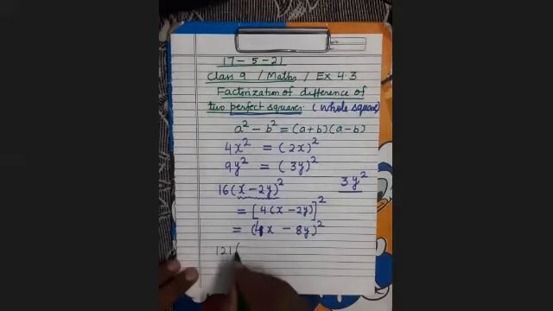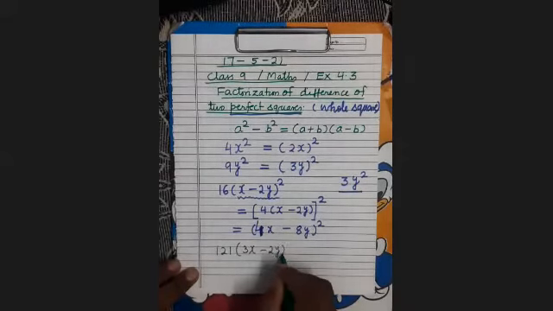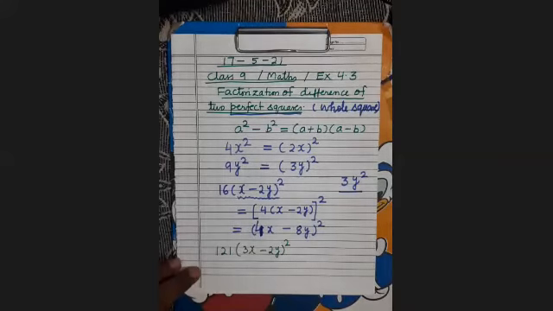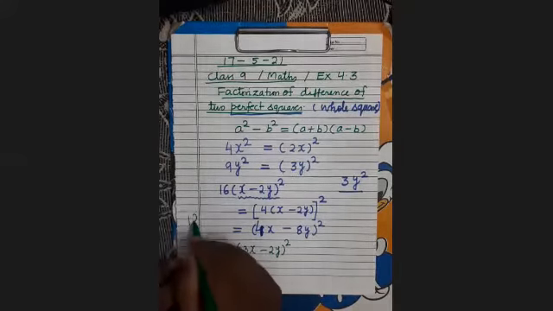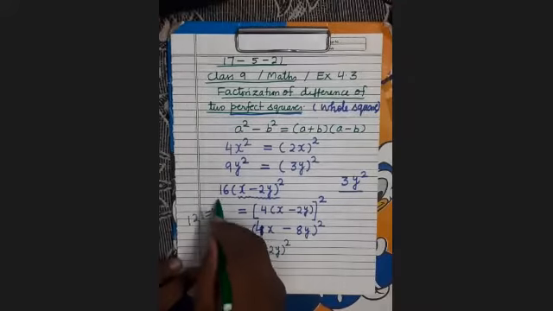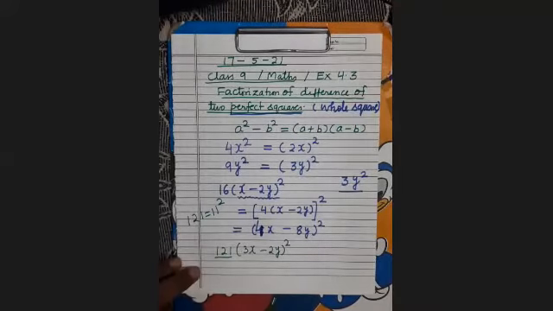Now suppose if it is 121 into 3x minus 2y का whole square. It is also not written in the perfect square form. क्योंकि 121 क्या है? It is not written in perfect square form. But how can you write it in perfect square form? So 121 is the square of 11. 121 किसका स्क्वायर है? 11 का.